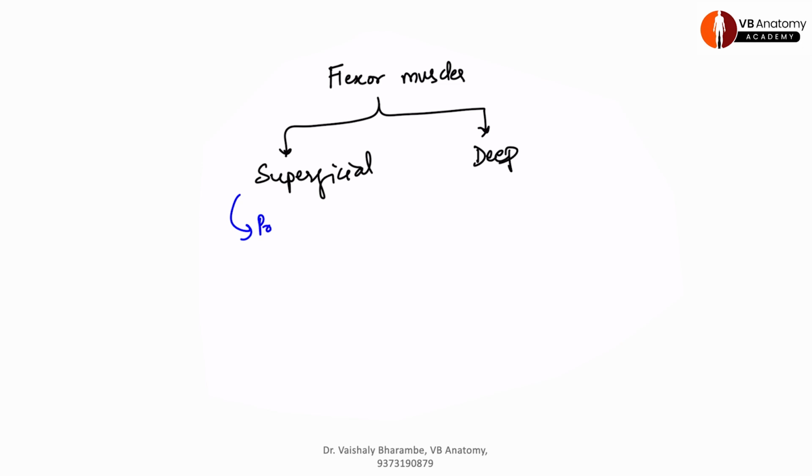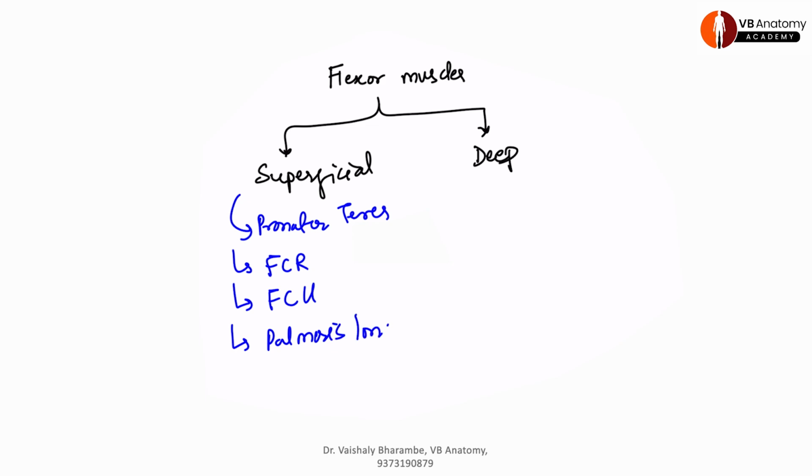They are pronator teres, flexor carpi radialis, so easy to add the flexor carpi ulnaris here, palmaris longus, and the flexor digitorum superficialis.